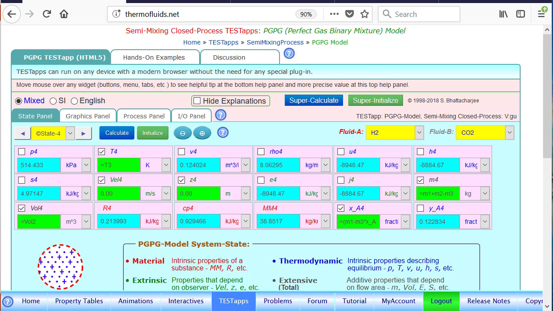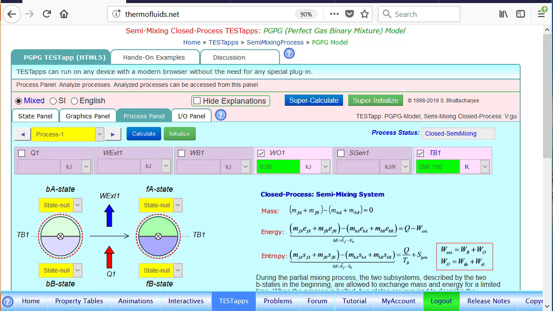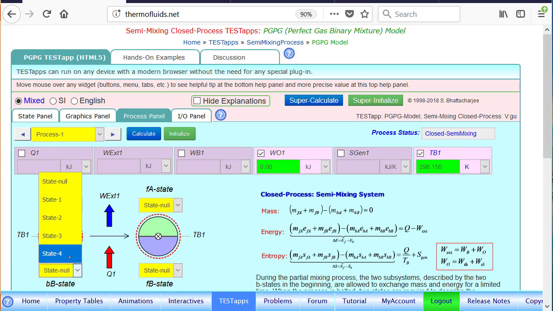Let's go and find the heat transfer and entropy generation. To do so, notice that the system is already shown here. Because we have selected semi-mixing, we can see that there are two components, the A state and the B state. So we load state 1, pure hydrogen. Notice it's populated as pure hydrogen. And state 2, pure CO2.